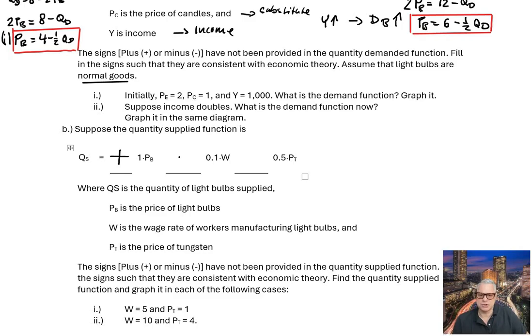So when costs go up, then the supply goes down, so that must be a negative sign. So when wages go up, then supply goes down.